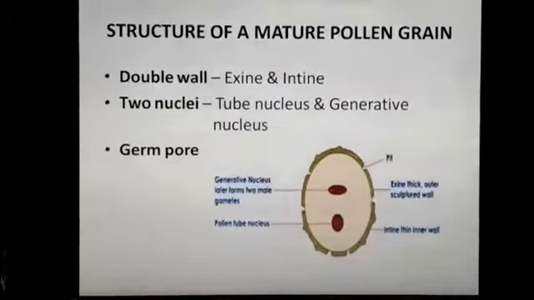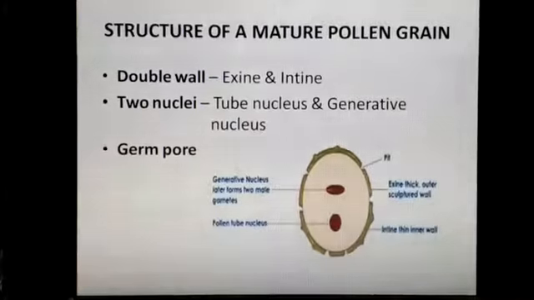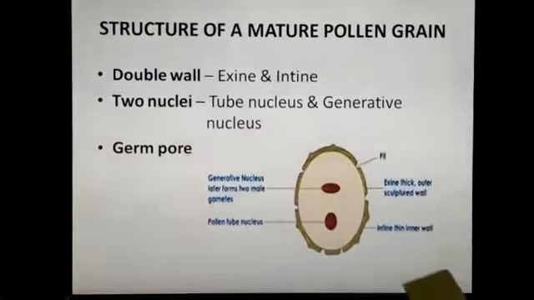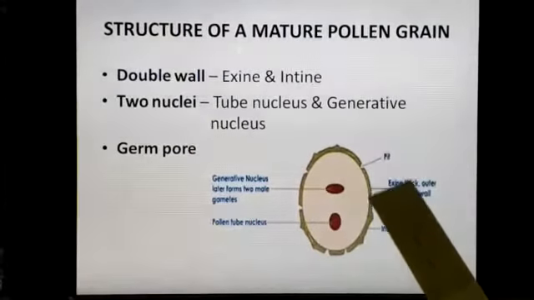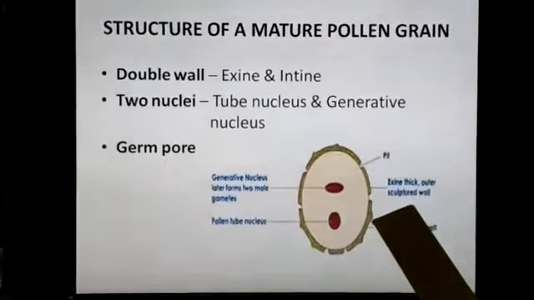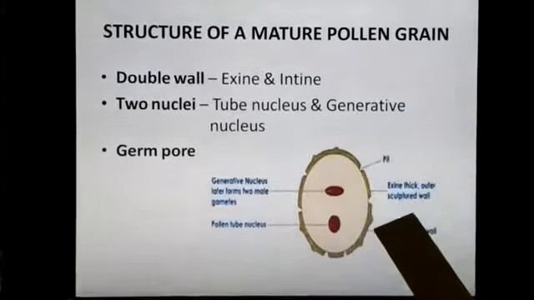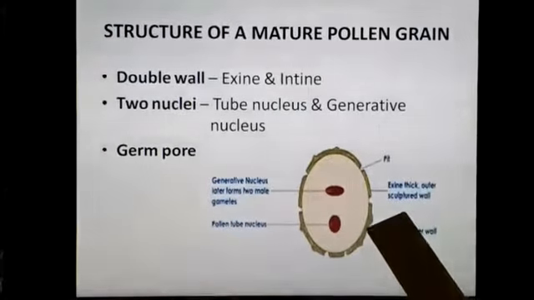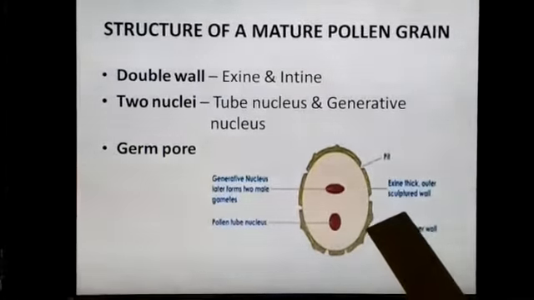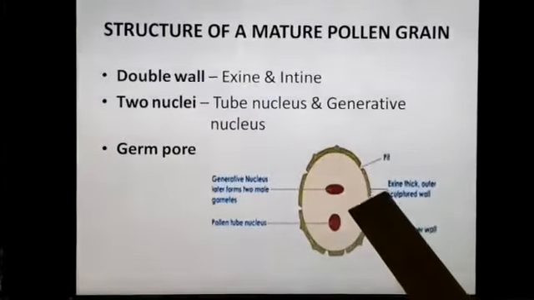Before we understand the process, let's first understand the structure of a mature pollen grain. A mature pollen grain contains three main parts. The outermost protective covering is two-walled. The outer wall is exine, which is thick and rough. The inner wall is a smooth, thin wall called intine. Inside the pollen grain are two nuclei.